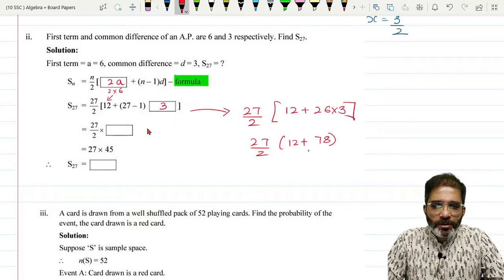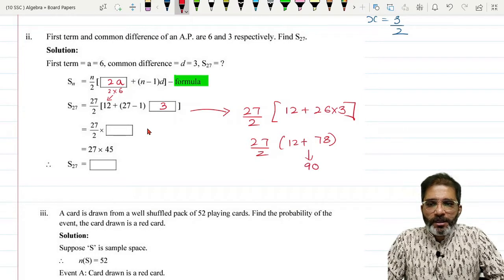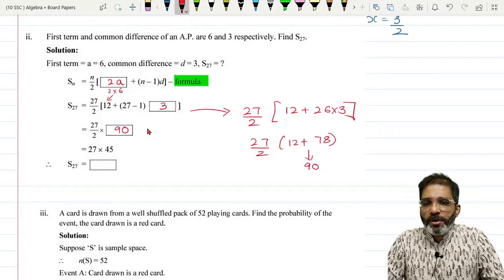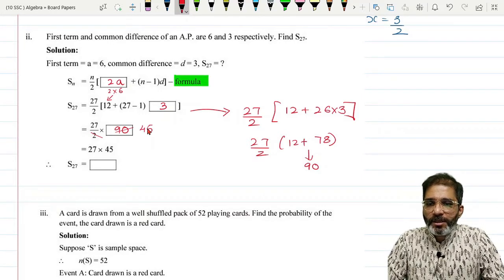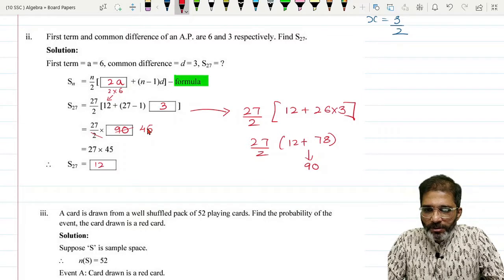Okay, so that is 12 plus 78 is 90. So here in the activity I'm going to write down here 90. So when we reduce this, we get 45. So the answer is 27 into 45, that is 1215.